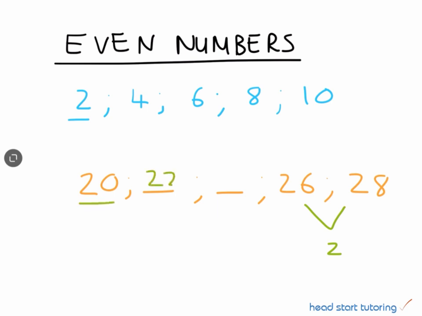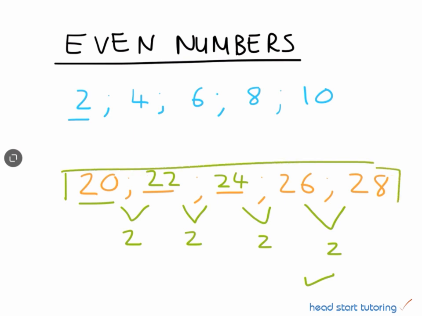If this were to be 22, the difference would be 2. Then the difference between these two numbers, if that was also to be 2, that would be 24. So the difference between 24 and 26 is 2, so that works out perfectly. So we can see that this number sequence is listing even numbers from 20 to 28.